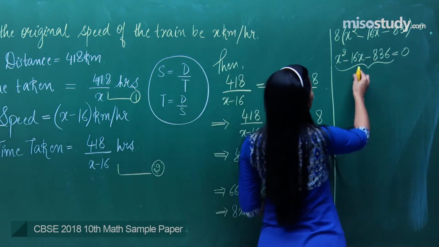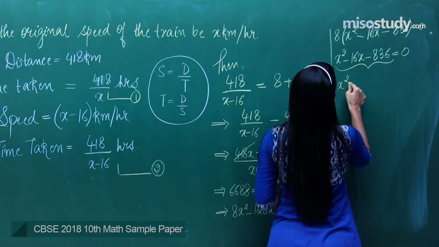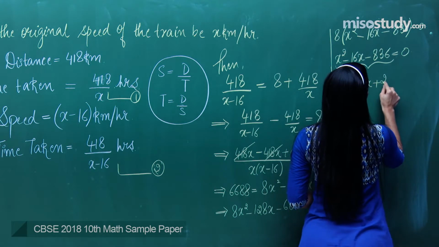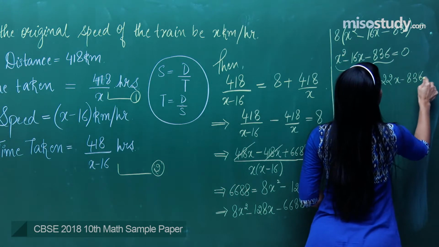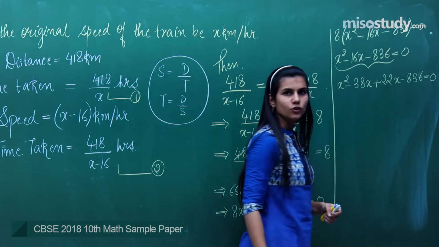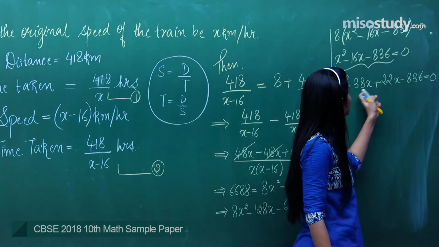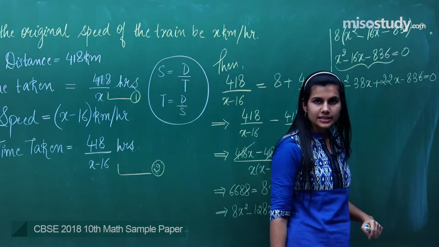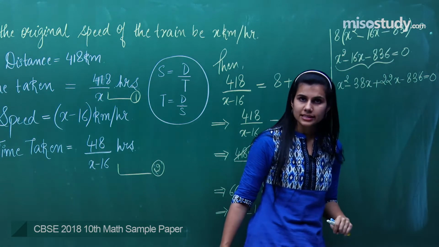So over here, when you break the middle term, how does it get broken? x square minus 38x plus 22x minus 836 is your 0. Because what is minus 38 plus 22? It is nothing but your minus 16, and when you multiply both of them, you get minus 836.